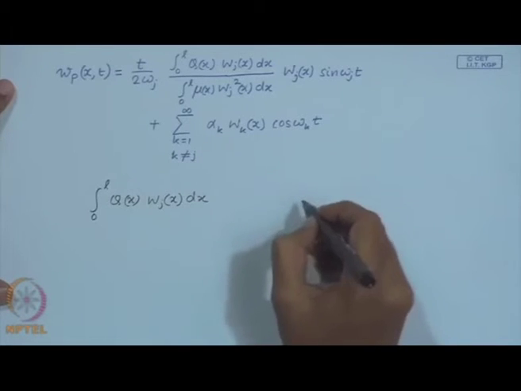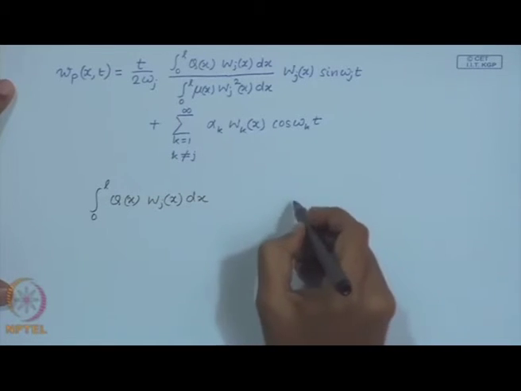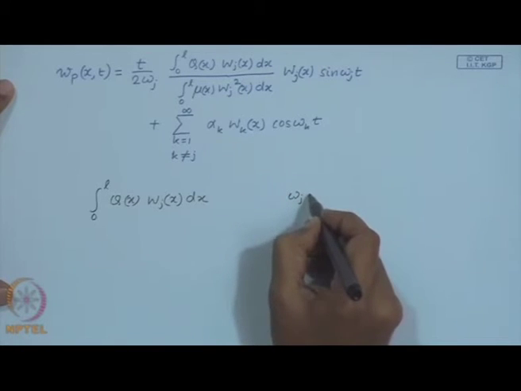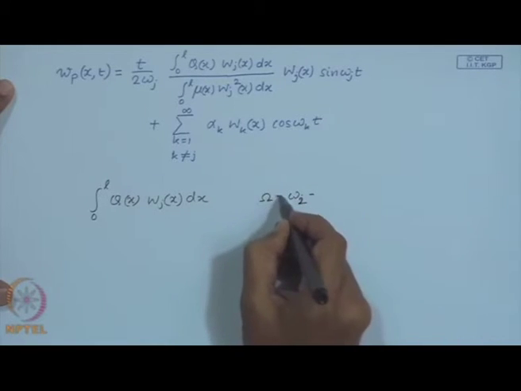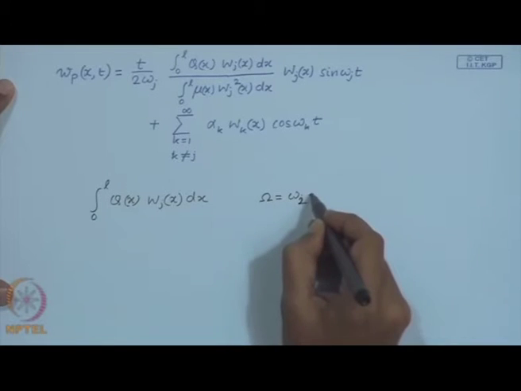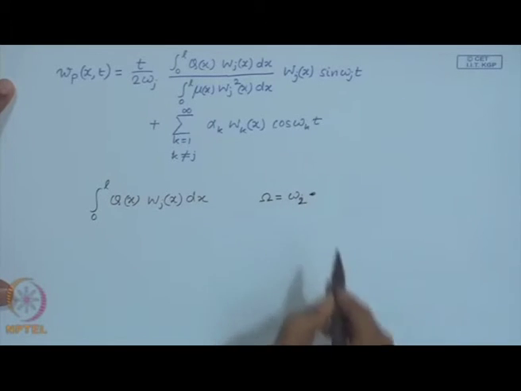This integral in general will be non-zero, but there are special instances where it will actually vanish. So, let us look at some situations. If you consider omega j to be the second natural frequency, so the circular forcing frequency is equal to the second circular natural frequency of the system.